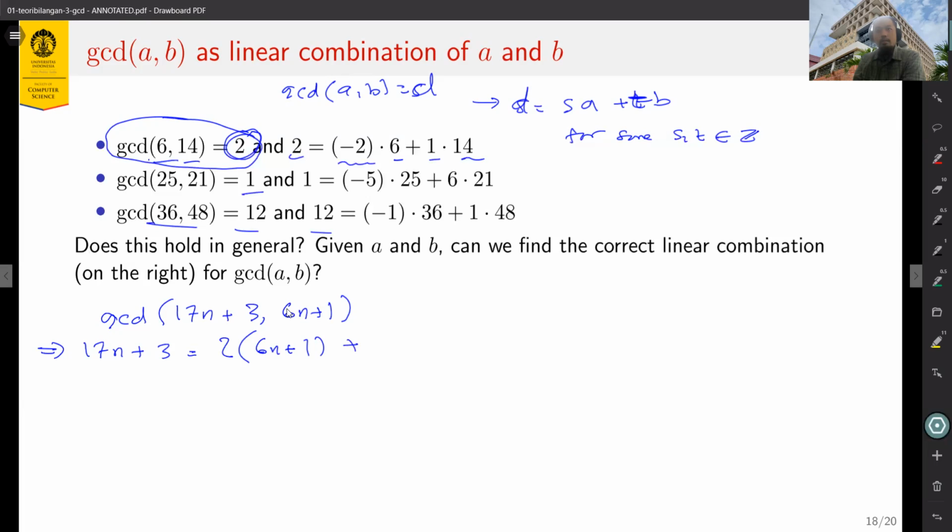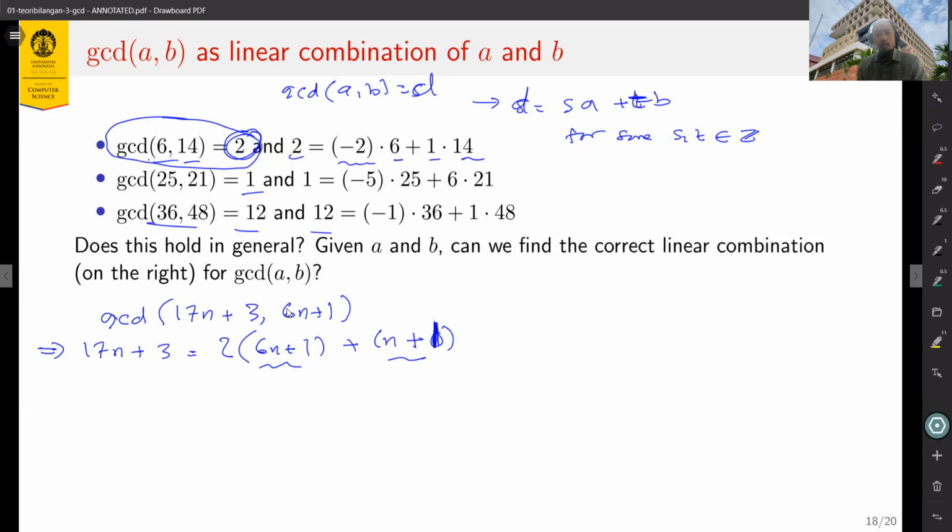Plus what? You still have n plus 0, right? Do you guys follow me here? No, not n plus 0, n plus 2, sorry. And then you take this and this.